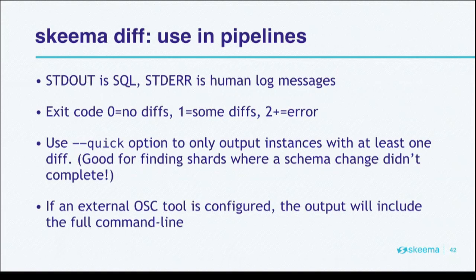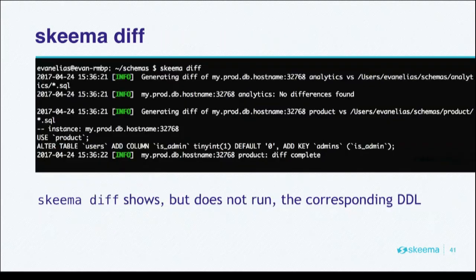This is usable in pipelines or other automation systems as well. So first of all, the output can be a little hard to parse by eye, but it's intentionally using standard out and standard error depending on the purpose. These info lines with the timestamps are log messages intended for humans. Those go to standard error. The actual SQL statements go to standard out. So in theory, you could redirect these to different places.